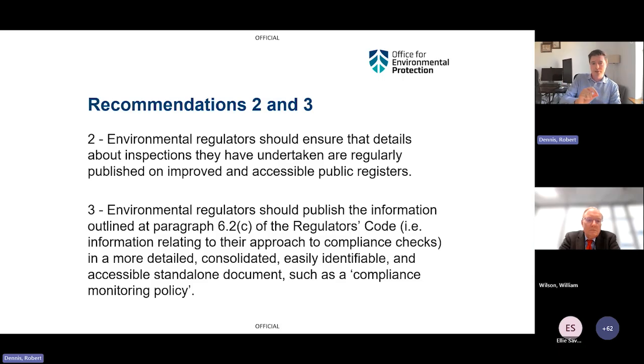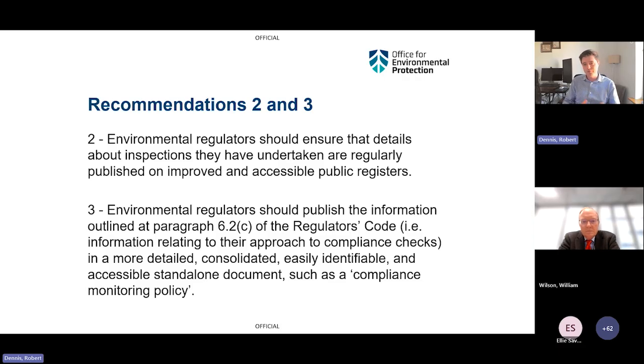The third recommendation relates to a relatively specific point. Regulators are already required under the Regulators Code to produce an enforcement policy. That's 6.2b. Under 6.2c, they're required to publish information on their compliance activities, but it's not organized into a single policy in the way that enforcement is.